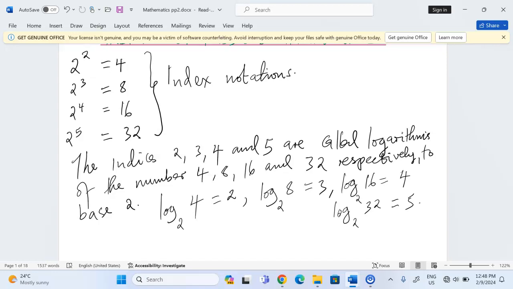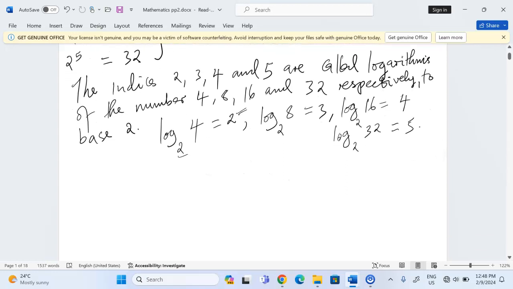We can also notice something else, that if a statement is changing from index notation to logarithm form, the base remains the same. The base is 2 in this case, the base is 2. The next one, the base is also 2, it remains the same.